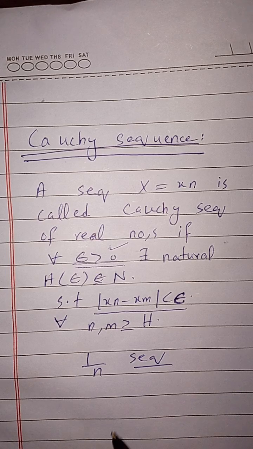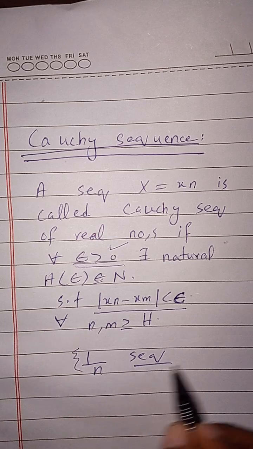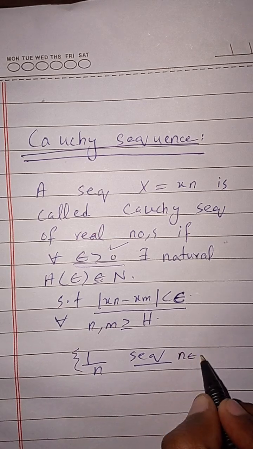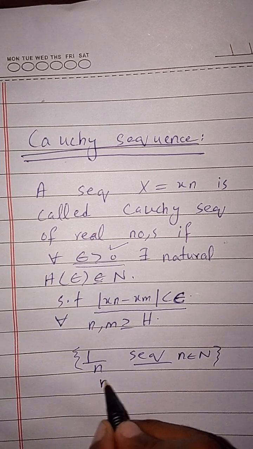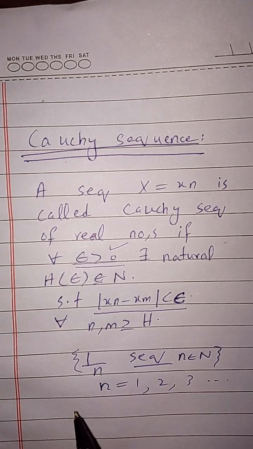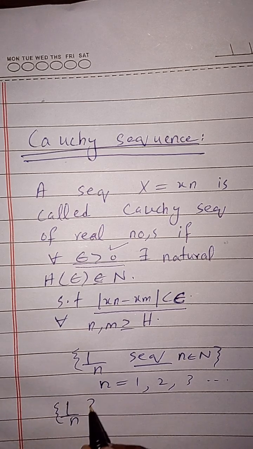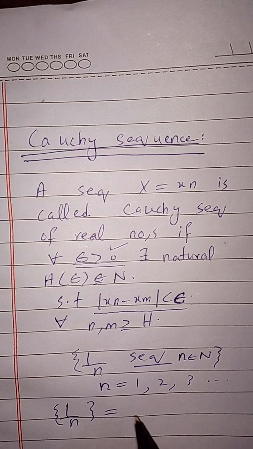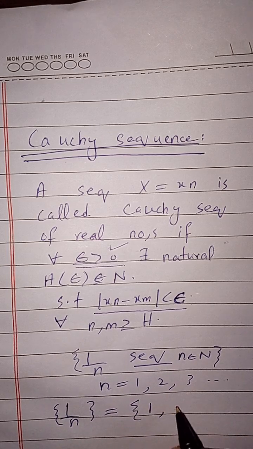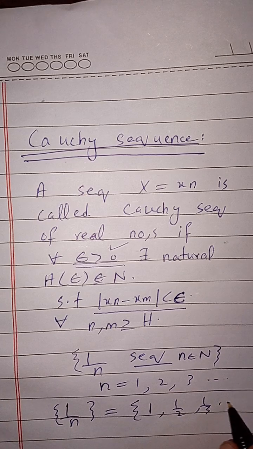In this sequence, n belongs to the natural numbers. If I put n equal to 1, 2, 3, I will get the corresponding values: 1, 1 by 2, 1 by 3, and so on.